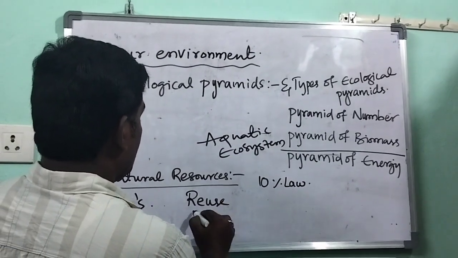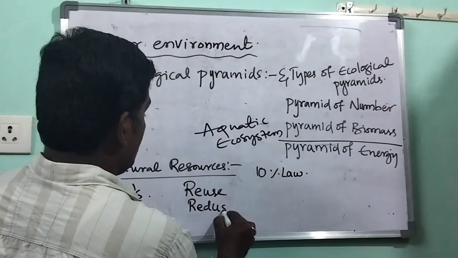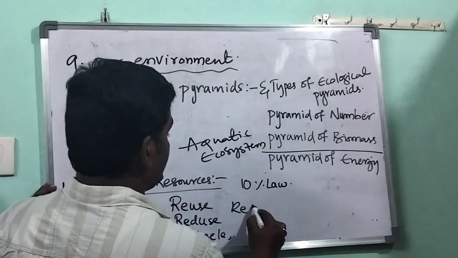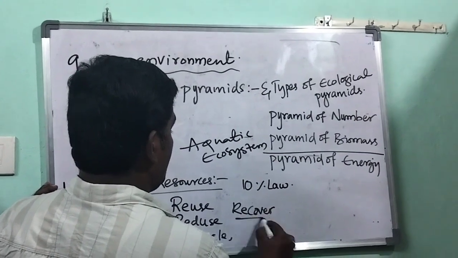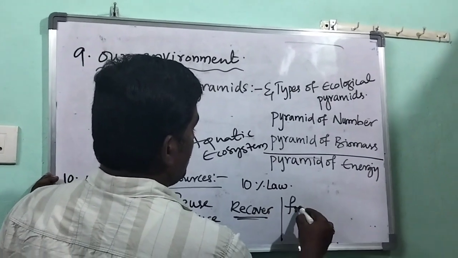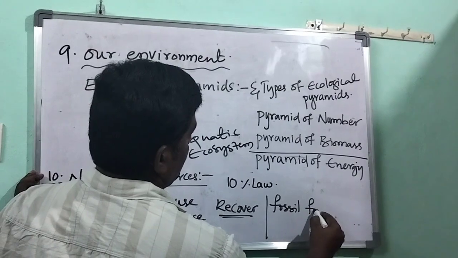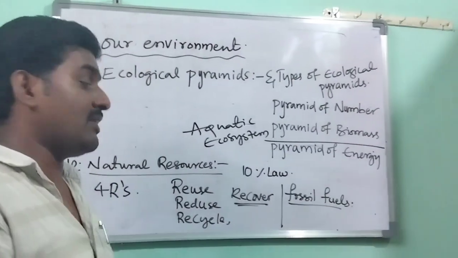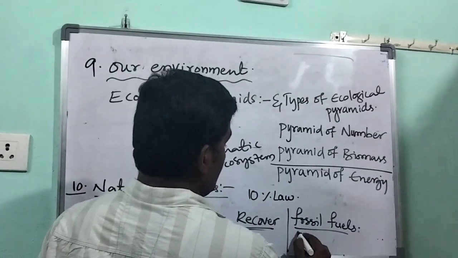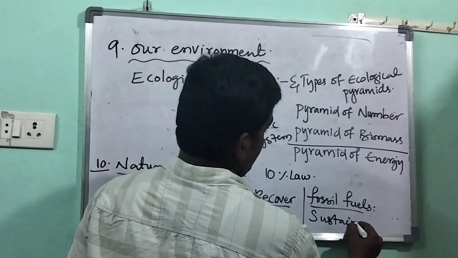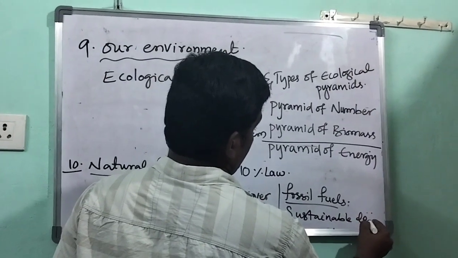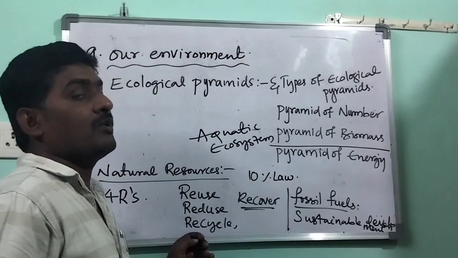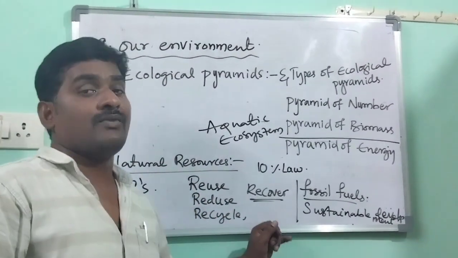Reuse, reduce, recycle and recover. And next, fossil fuels. What are fossil fuels? How can we conserve them? And sustainable development, one more question is there. So these are the important topics you have to read for your final examination.